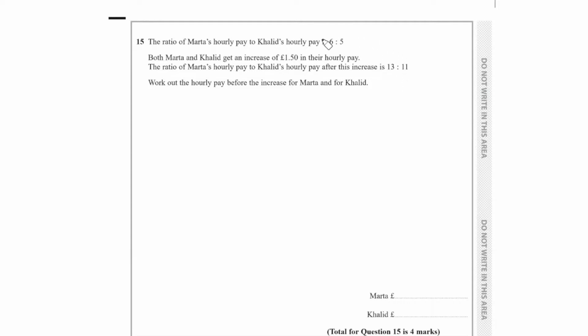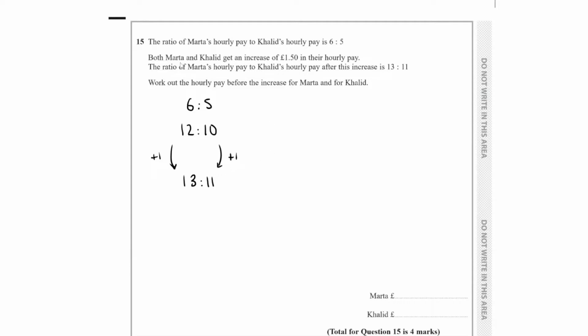The other way I did it was, at first I kind of thought, well, if I double this, do you see how, so we have 6:5. If I double it, it's the same ratio, isn't it? It's just a bigger scale. And then I compared it to 13 to 11. Do you see how both of them have got one part extra on both sides? Both have got one part extra.